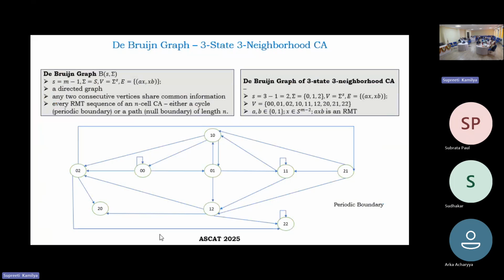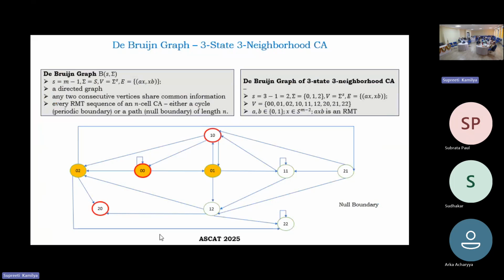In this graph, for periodic boundary CA, we will specifically find the elementary cycles, because any RMT sequence is formed by elementary cycles. In every elementary cycle, if we make at least one RMT non-self-replicating, I think we will succeed in getting strictly multi-length cycles.